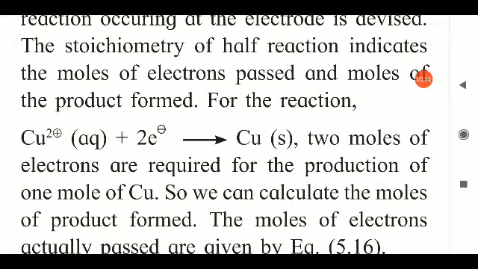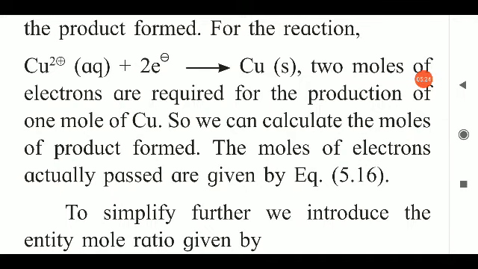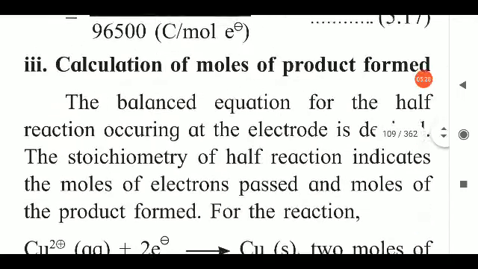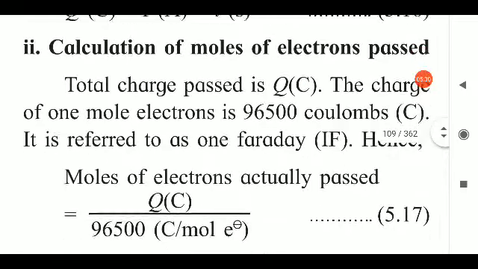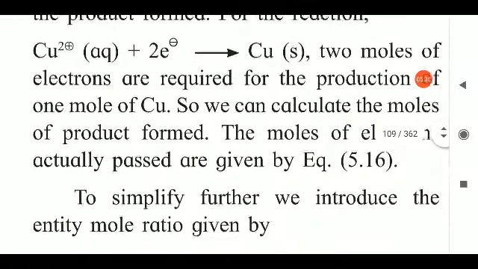This is the information we get from this reaction, so we can calculate the moles of product formed. The moles of electrons actually passed are given by equation 5.16 that we have seen here: Q = I × t.